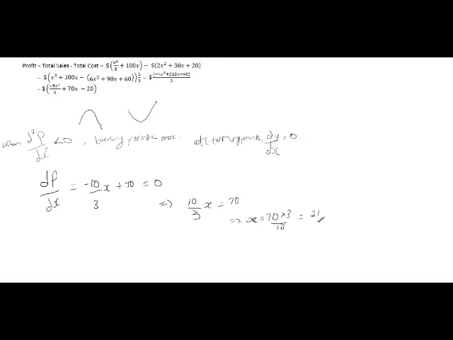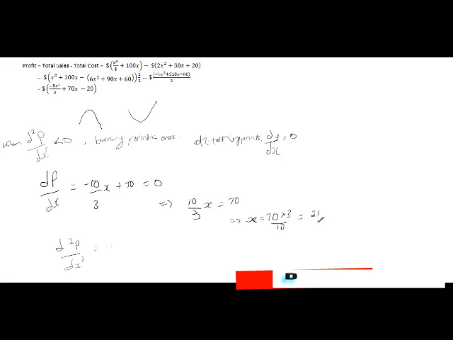So obviously, if our turning point is this point, it's the maximum, right? And since we have just one turning point, we're assuming that it is the maximum point. But to confirm, we can find the second derivative, d square p over dx square. The d square p over dx square is going to be the differential of minus 10 over 3x, which is simply minus 10 over 3.